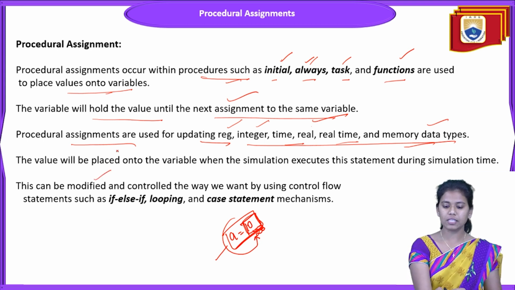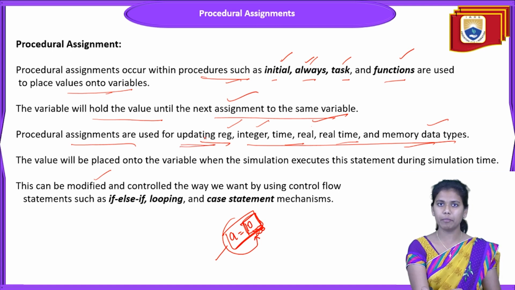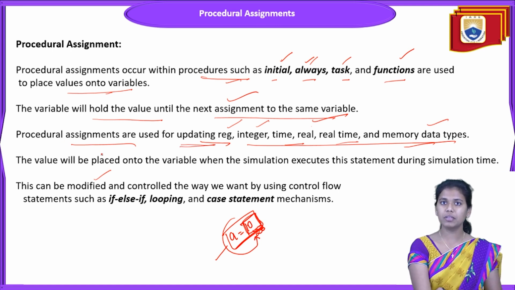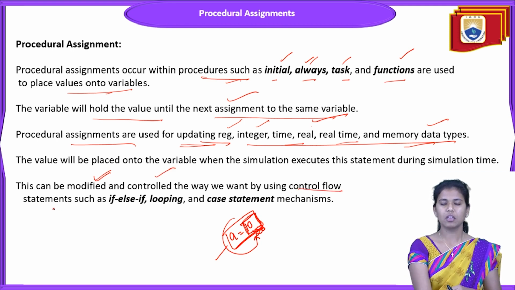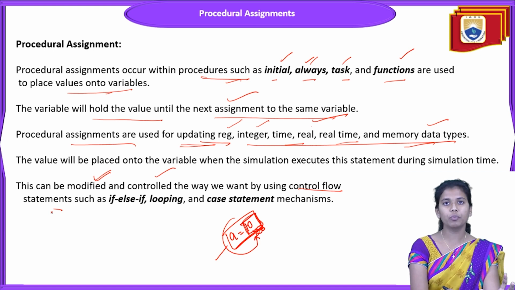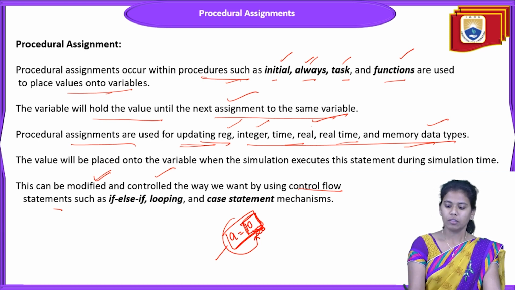Why? Because here we are saying that these can be updated, right? The procedural assignments are used for updating. The word updating means it can change. So this procedural assignment can be modified and controlled the way we want by using control flow statements. So we can modify, change, control or update. In order to do this, we will be using the control flow statements.